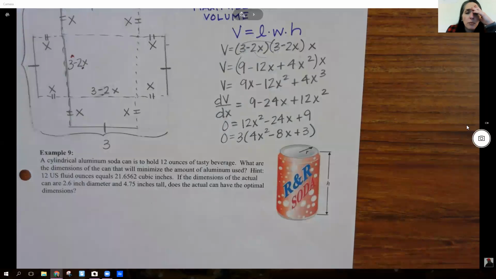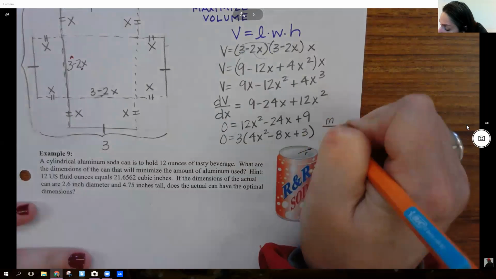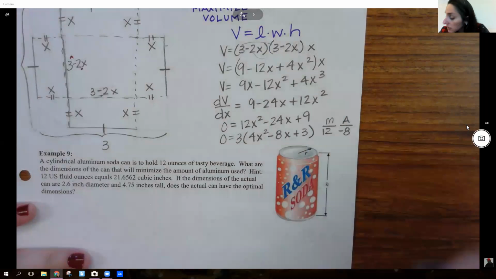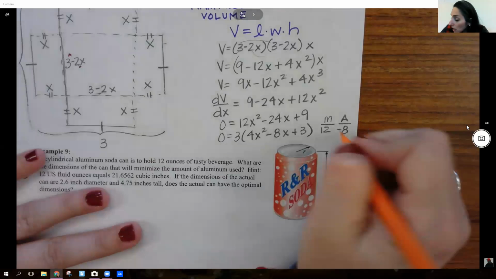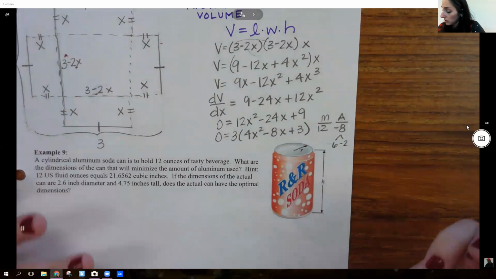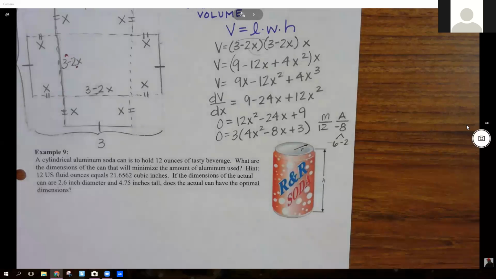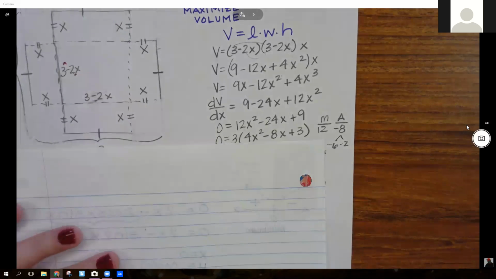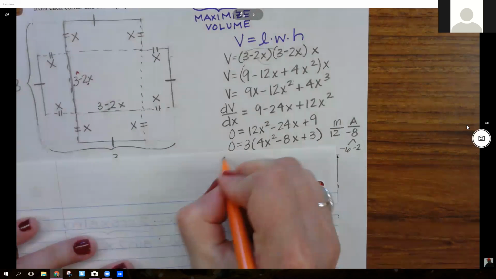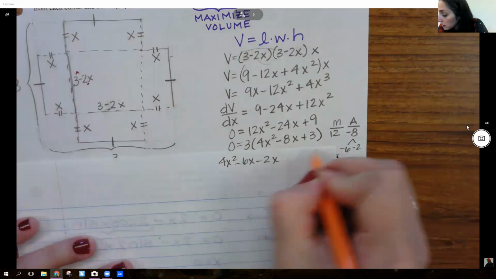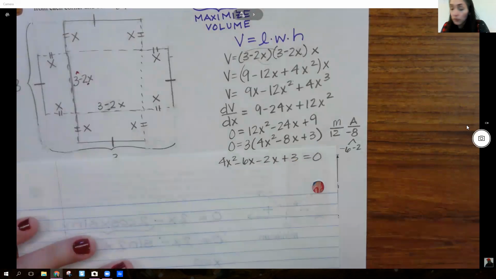And then that's a trinomial. So what multiplies to 12 and adds up to -8? -6 and -2. Okay, good. So 4x squared minus 6x minus 2x plus 3 equals 0.